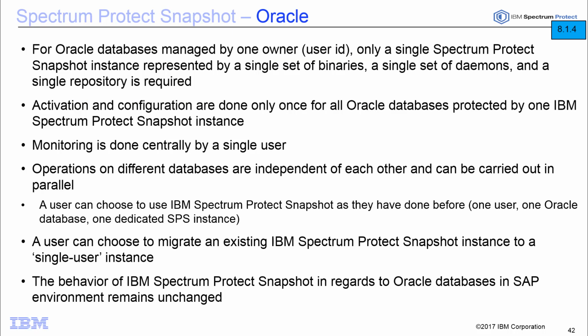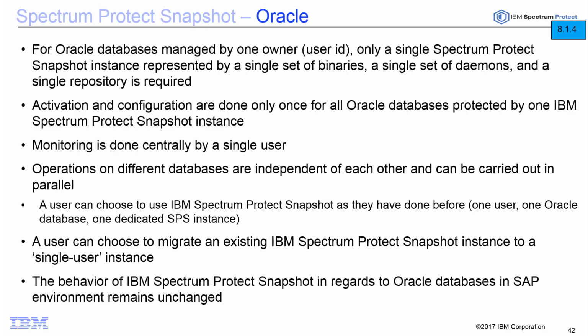First off, in the past, if you wanted to implement Spectrum Protect Snapshot for Oracle, and you had multiple databases managed by a single user ID, you had to have multiple installations of Spectrum Protect Snapshot.